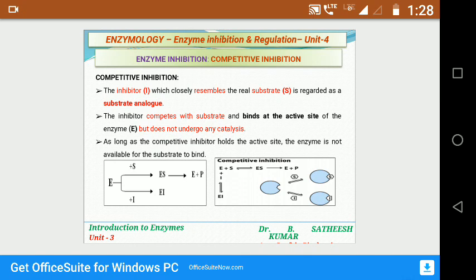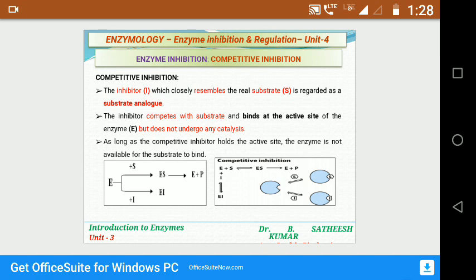Here we have to consider a few important points when we are talking about competitive inhibition. First, the substrate has similarity in structure with the inhibitor, therefore the inhibitor can also bind to the active site by non-covalent interactions.